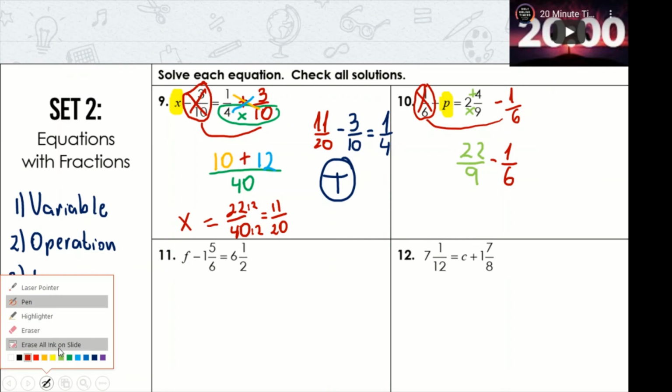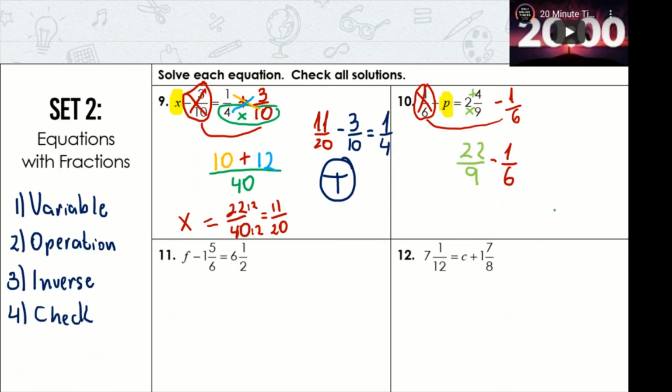Right now, subtracting. I taught you guys how to subtract fractions. Multiply the denominators. 9 times 6, guys, is 54.